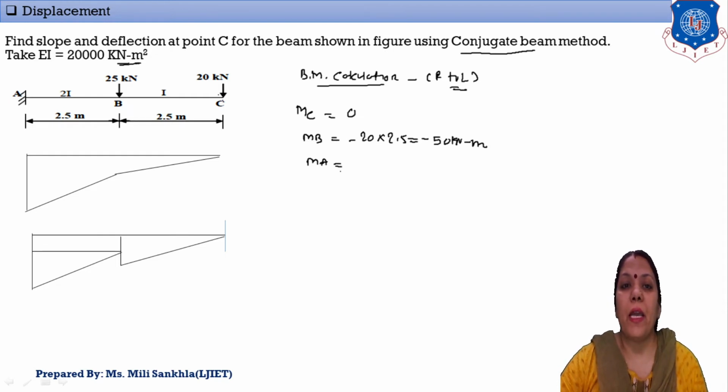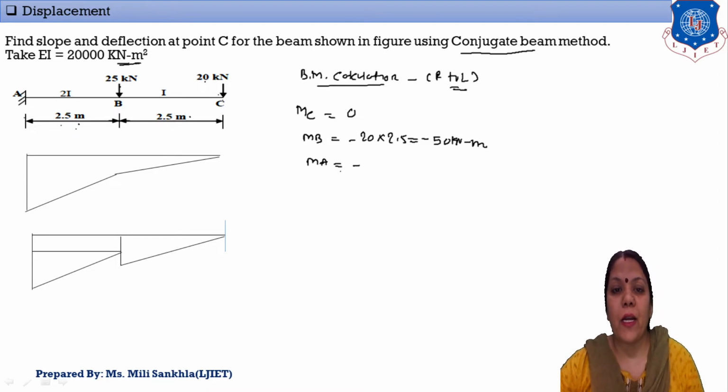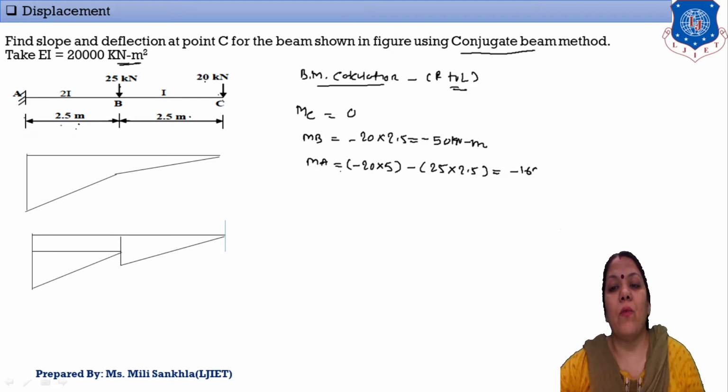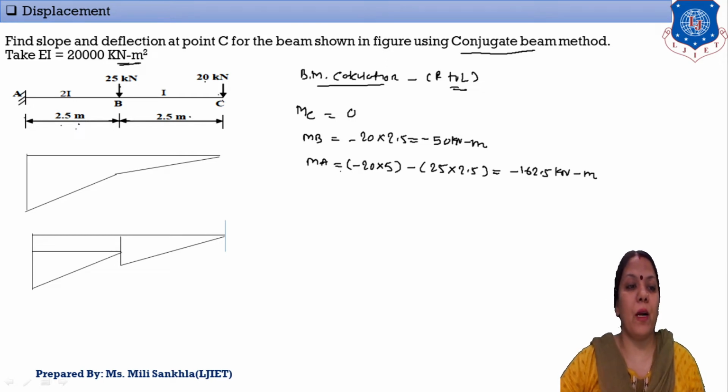Now at A point, that means this point, minus 20 into 5 and minus 25 into 2.5. Clear? Okay, and the overall answer is equal to minus 162.5 kilonewton into meter.